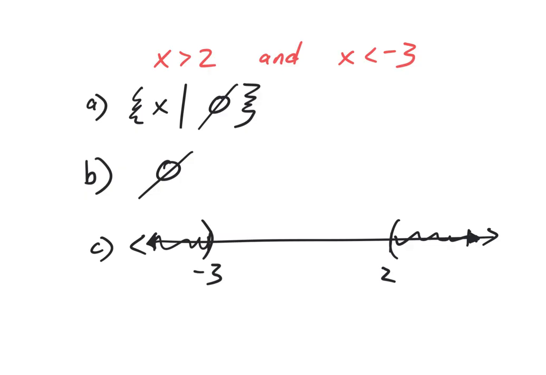And then because these two are not meeting, you could just leave your number line blank, but because we start with the number line as kind of our go-to, I would just put no solution there to say that there are no numbers that make that work.